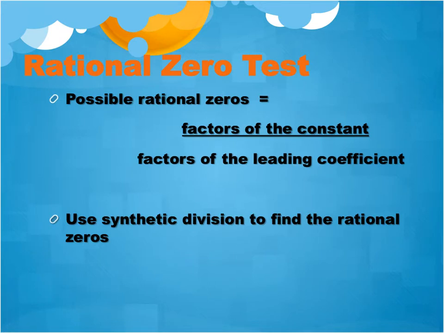The possible rational zeros come from the factors of the constant, which if it's in order from greatest to least is the last, over the factors of the leading coefficient, which, again, if you put it in decreasing degree order, is the first. So this is the same thing as saying plus and minus the factors of the last over the factors of the first.